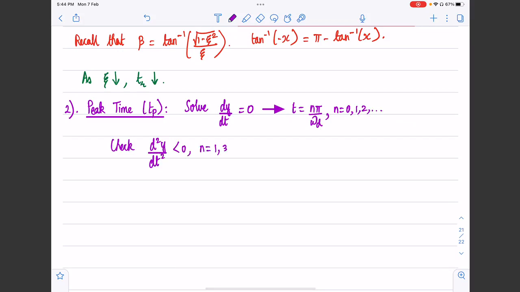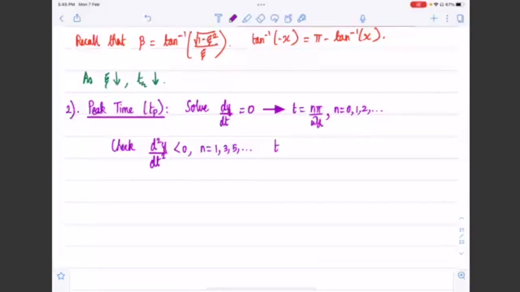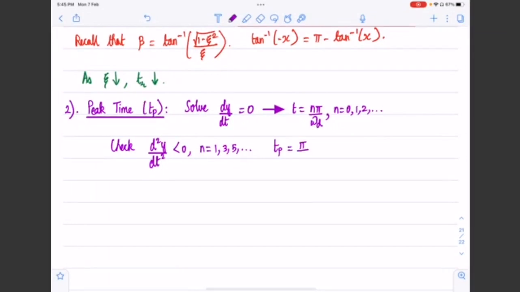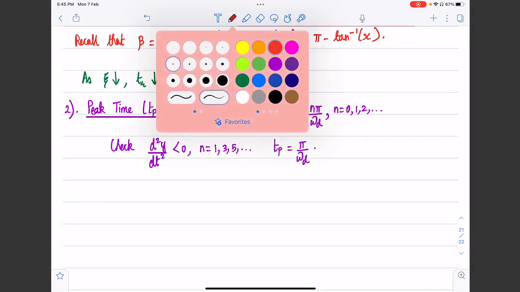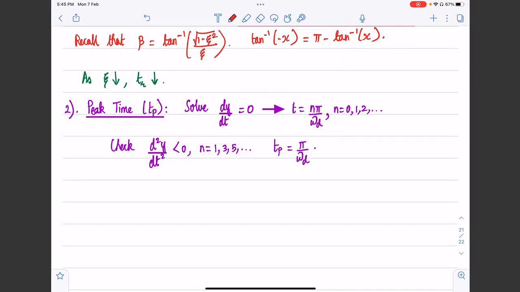You will see that you get it for an odd multiple n, and since we want n equals 1, the answer for the peak time will be pi by omega d. So this will become very simple at the end. I leave this as an exercise for you to do. Please do it.